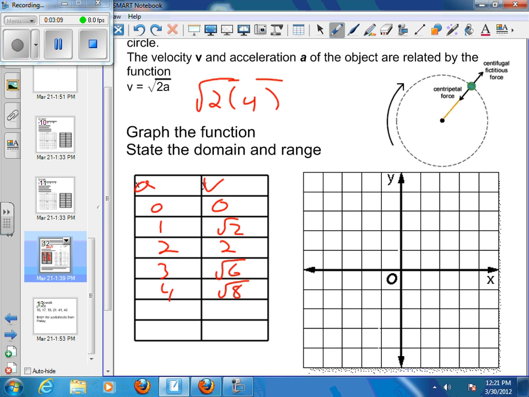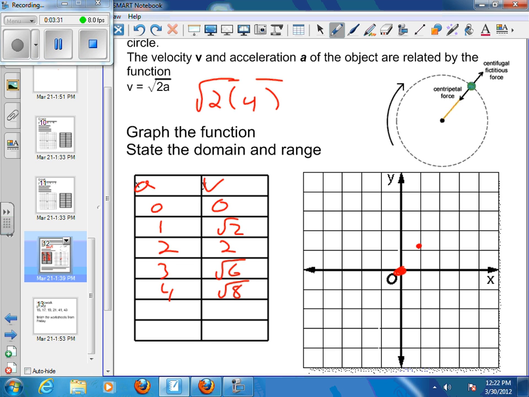So I've got the point 0, 0. And I know if I go any further down from 0, like into a negative, I would end up with imaginary numbers. So that is my beginning point. And then at 1, I'm at the square root of 2. Square root of 2 is greater than 1, because square root of 1 is 1. But it's less than the square root of 4, which would be 2.